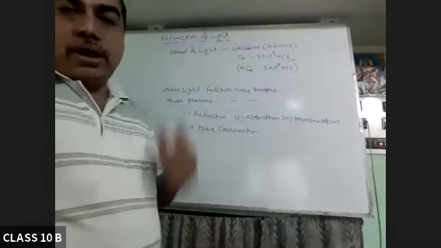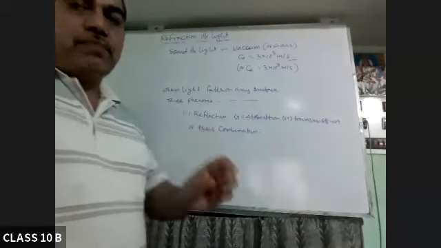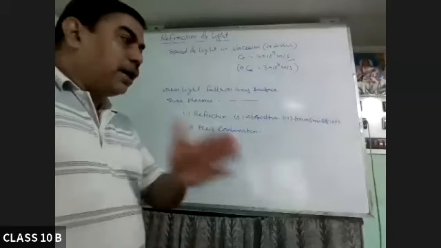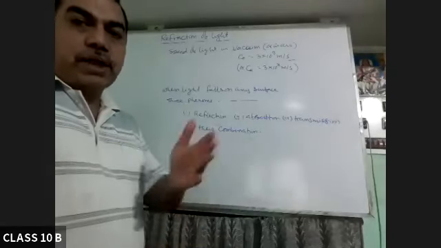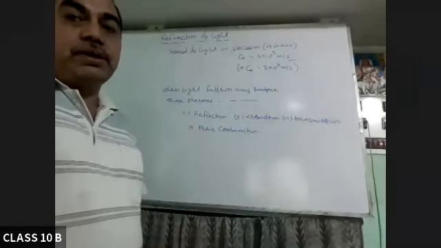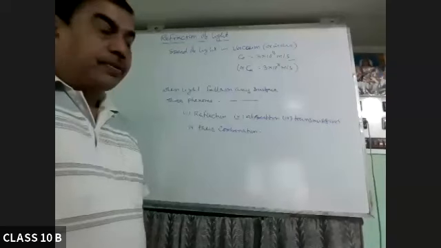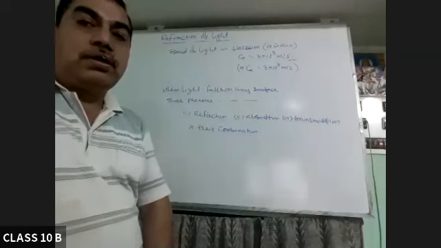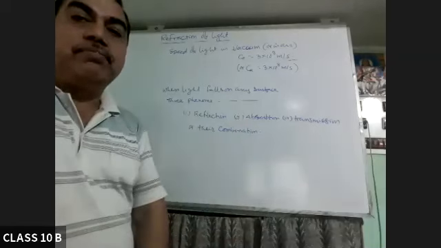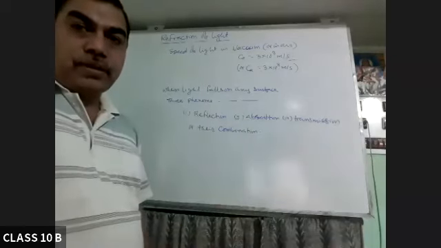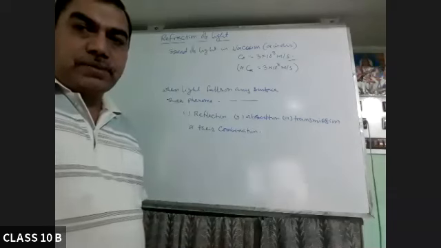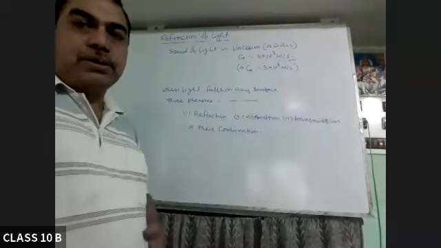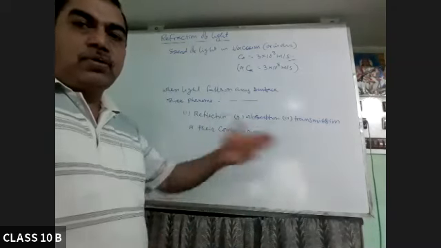If it is falling on a glass plate, some light is absorbed, some light is reflected, and some is transmitted, or most of the light we can say is transmitted if it is a transparent glass plate. If it falls on the mirror, most of the light is reflected, some is absorbed, and negligible is transmitted, as the back surface is coloured or polished, so no light will be transmitted.